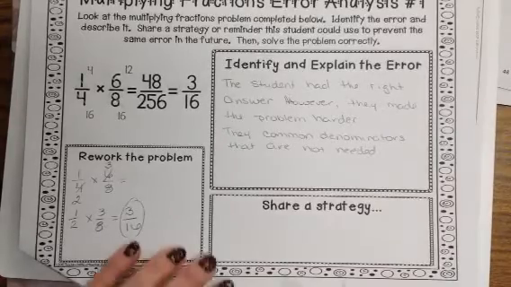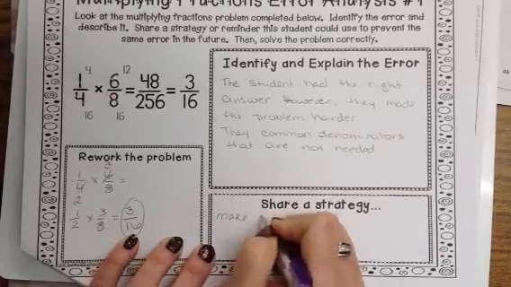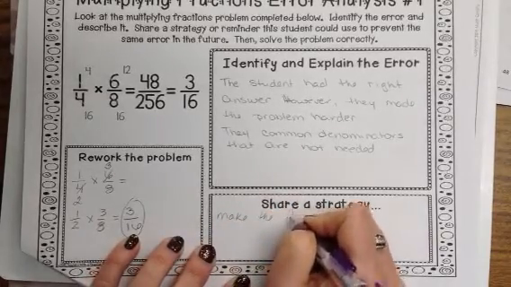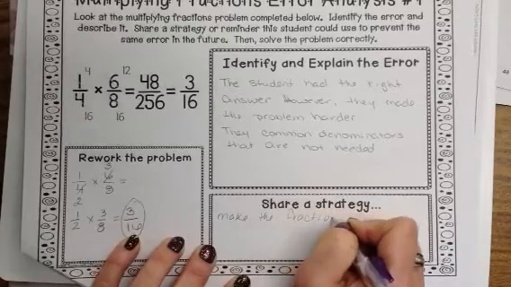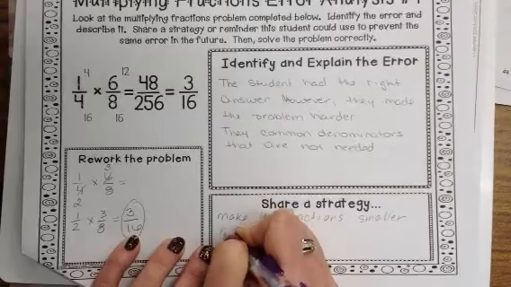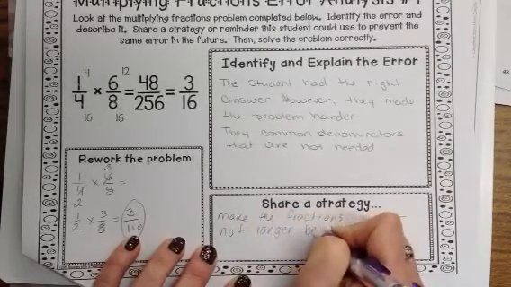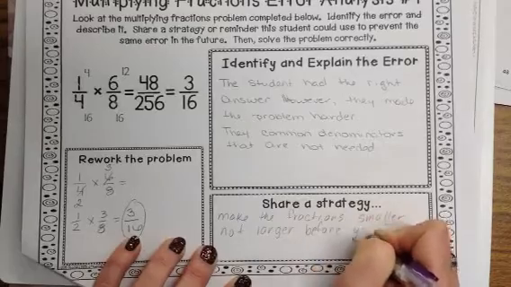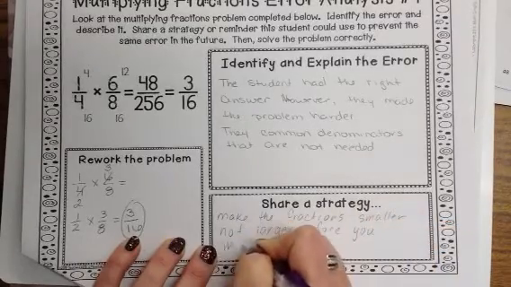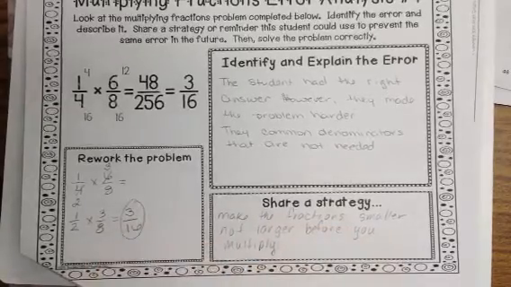And then to share a strategy is, let's say, make the fraction smaller, not larger, before you multiply. Okay, so that's what I would write.